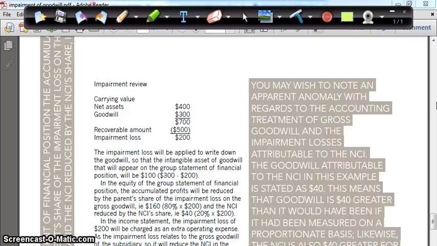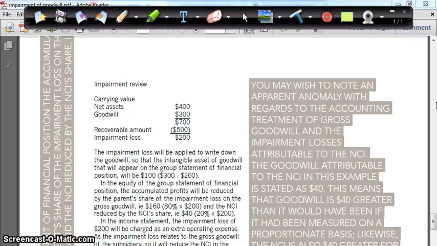If it's the proportionate method, then you just allocate this against goodwill first and then net assets should there be any additional loss to allocate. And this would not affect the non-controlling interest. With the full goodwill method, you'll need to allocate against goodwill and then also the other net assets, but this does have an effect on the non-controlling interest.